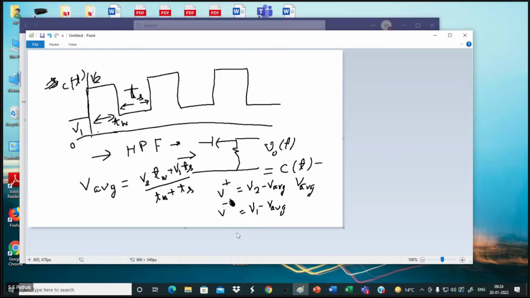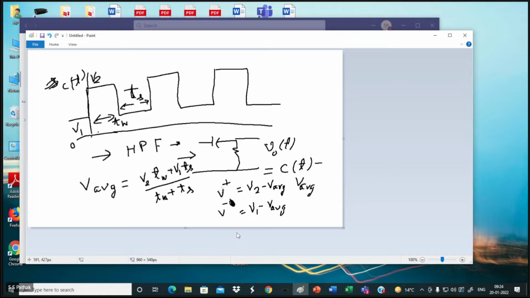These are the two magnitudes between which the output of this high pass filter will be appearing. That will be at the control input of the switch. In that switch, there are other mechanisms too, and we'll come to that.